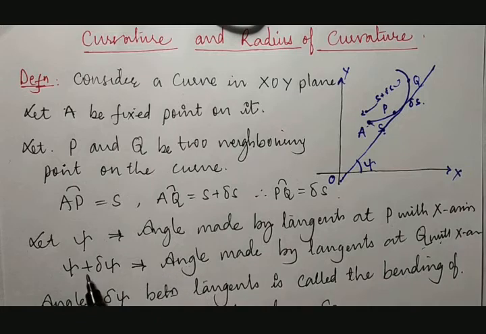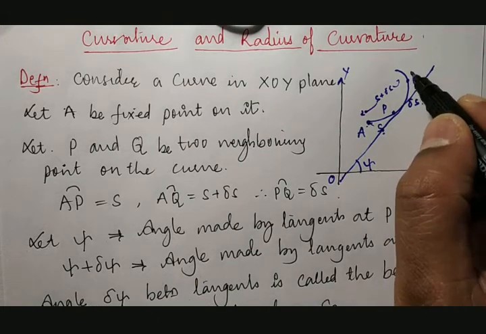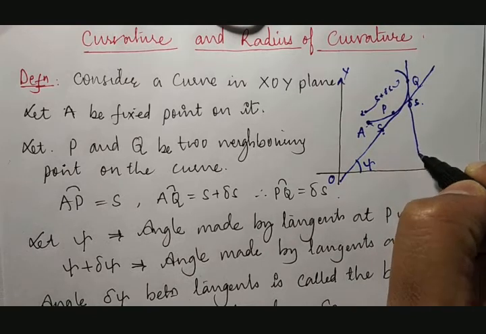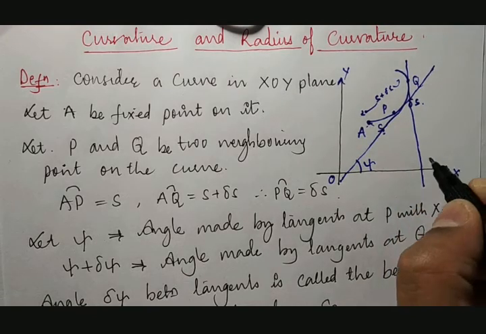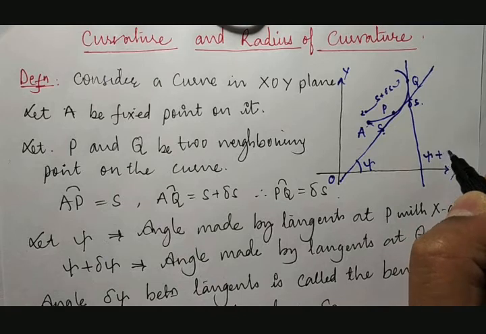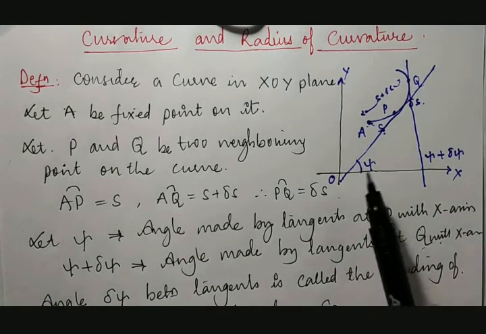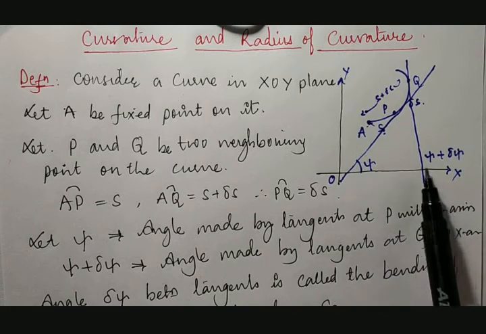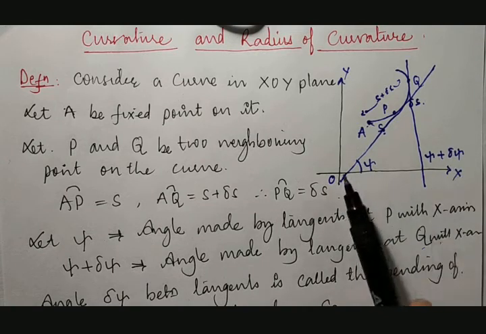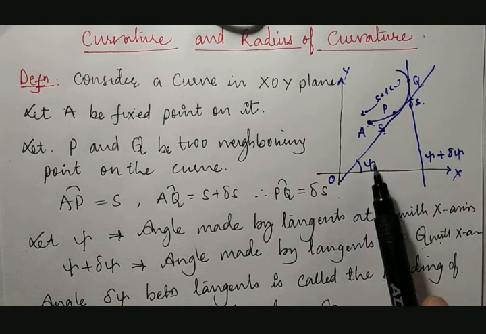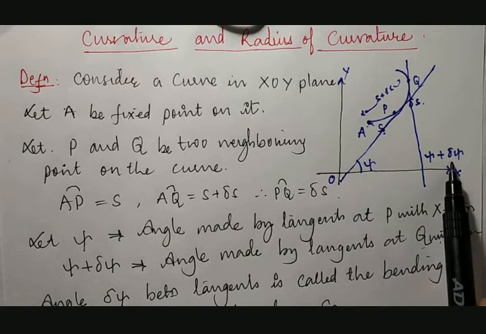Then I'll be taking one more angle made by the tangent at Q, and this will be taken as psi plus delta psi. You can see that this angle will be more than this. Therefore, the simple angle psi plus the increment given to that will be more.